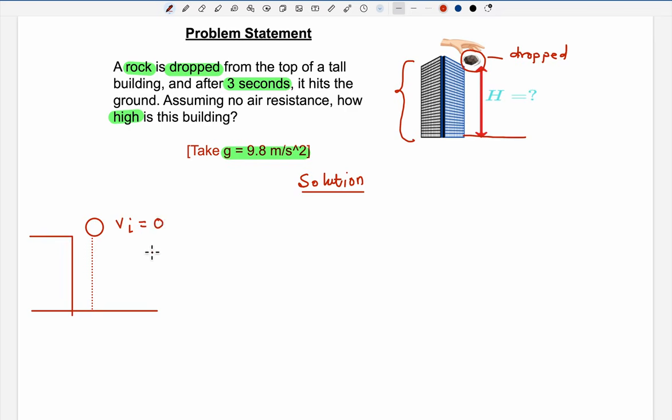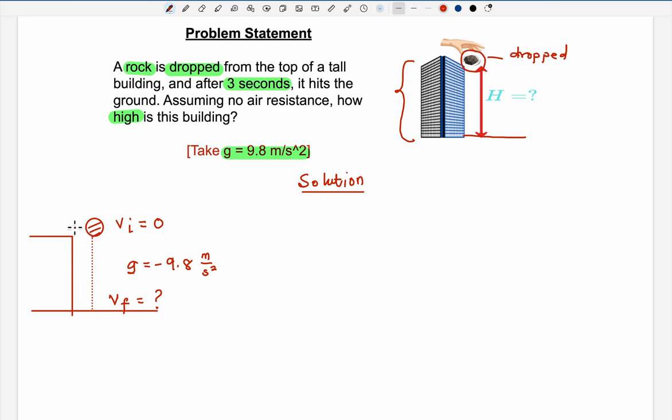And we know for motion with acceleration, in this case acceleration due to gravity, that is g equals minus 9.8 meters per second squared. It's minus because acceleration points downwards. This rock is going to speed up as it falls down until it hits the ground with some final velocity, v final, which we don't know.